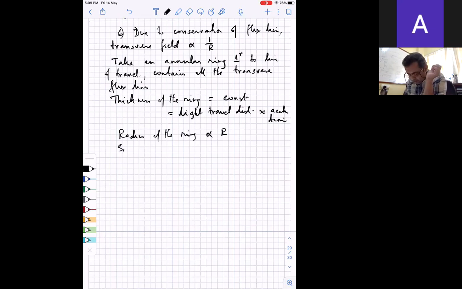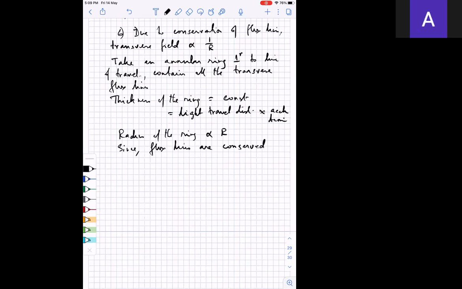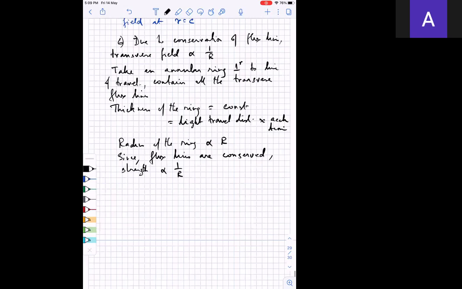Now, since flux lines are conserved, this means the strength has to be just 1 by r, because the total number of flux lines has to be the same. So this is a very heuristic kind of argument.